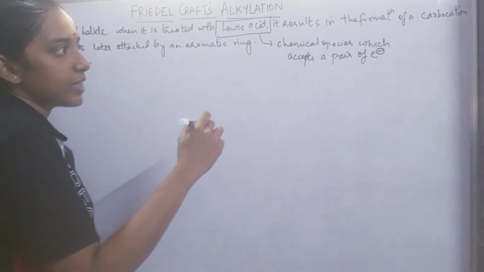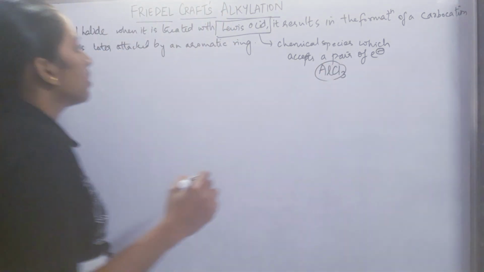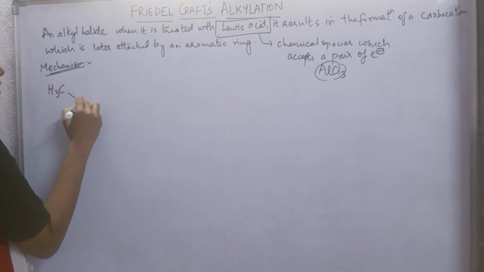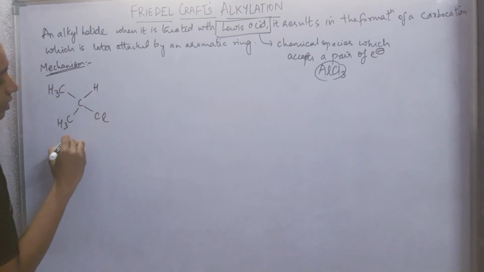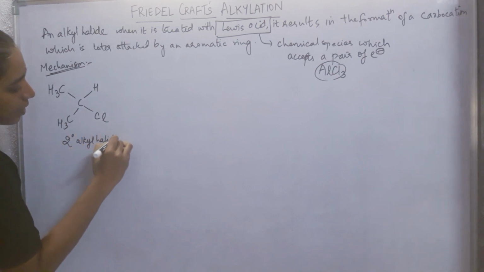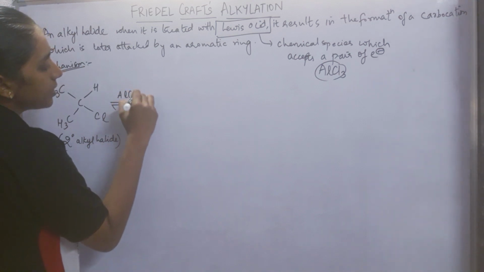In this Friedel-Crafts alkylation, we will be taking AlCl3 as the Lewis acid. Now first we will take an alkyl halide, CH3CHClCH3. This is a secondary alkyl halide, which is treated with Lewis acid AlCl3.